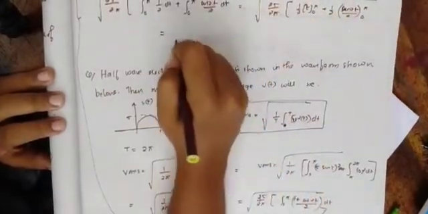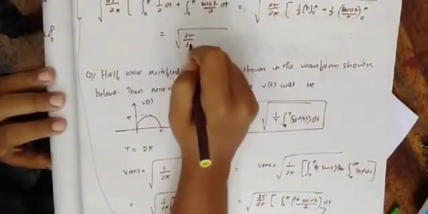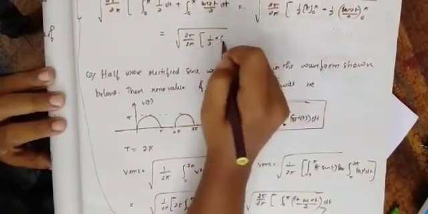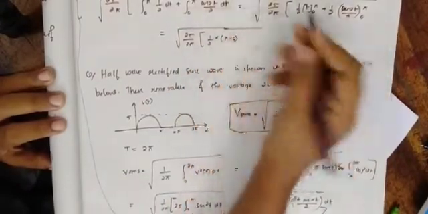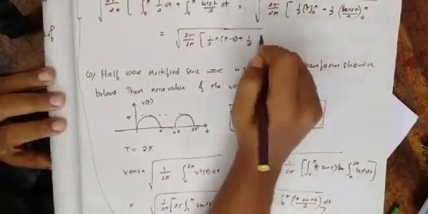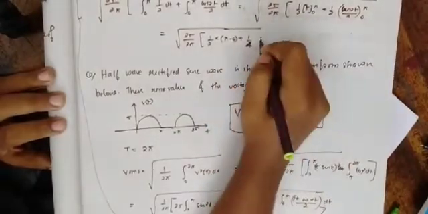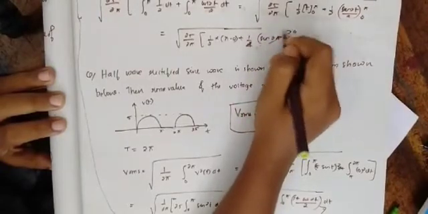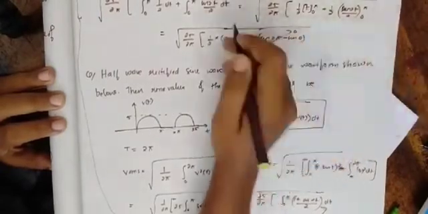So it will be root 25 divided by 2 pi, 1 by 2 into pi minus 0 plus 1 by 2 into 1 by 4 into sine 2 pi minus sine 0. So this will be equal to 0 because sine 2 pi and sine 0 are 0.